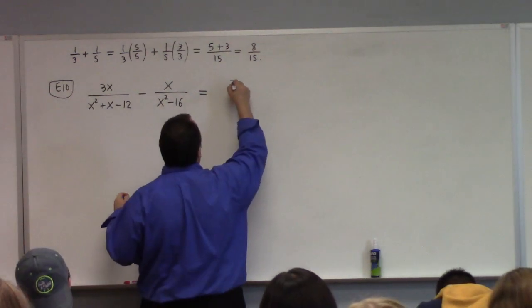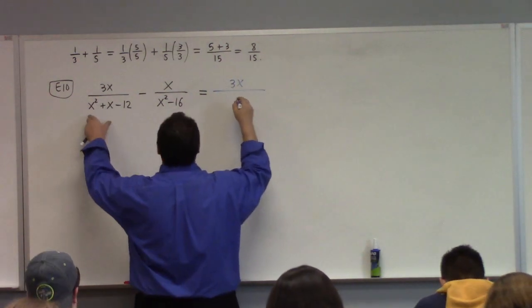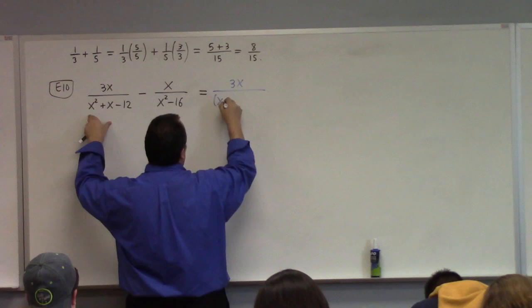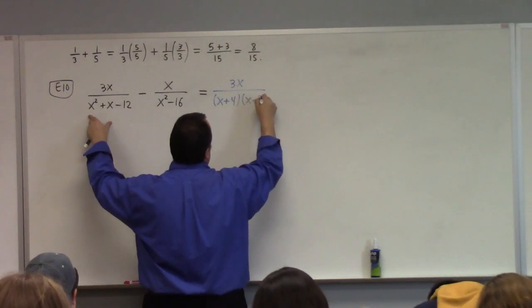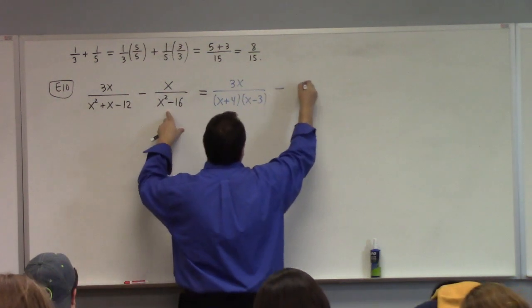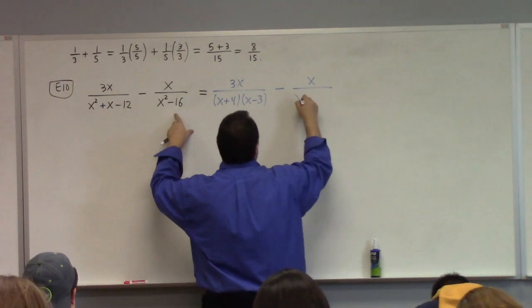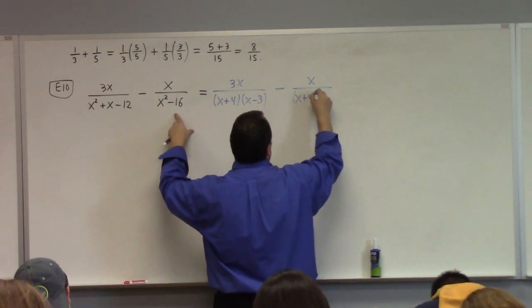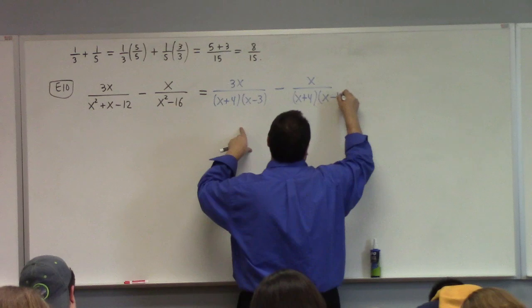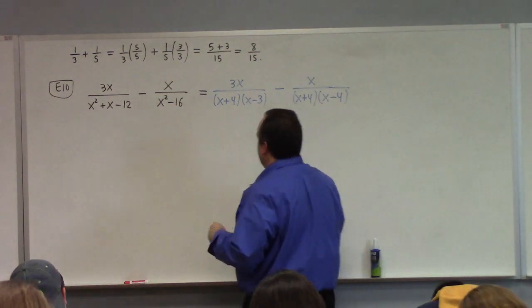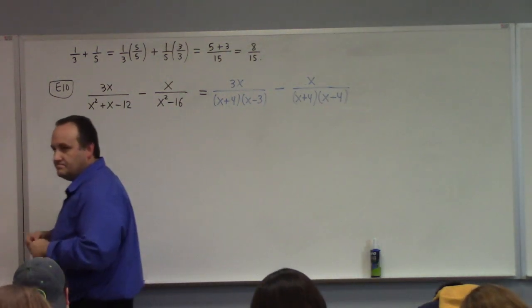Let's see here, 3x over x plus 4 times x minus 3, and this one is what? x over x plus 4 times x minus 4, right?